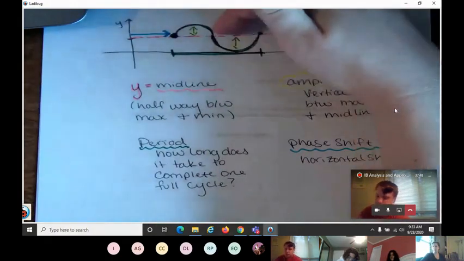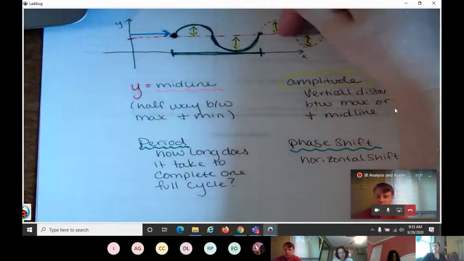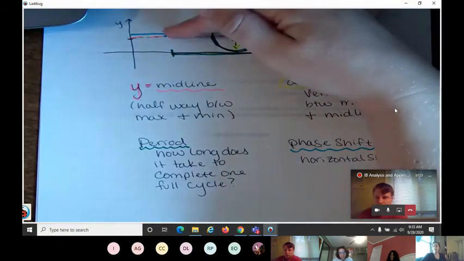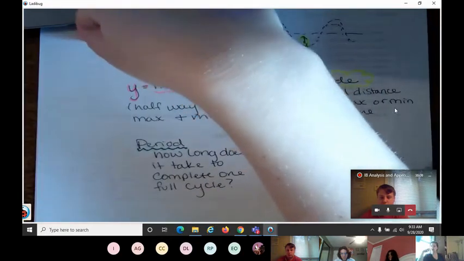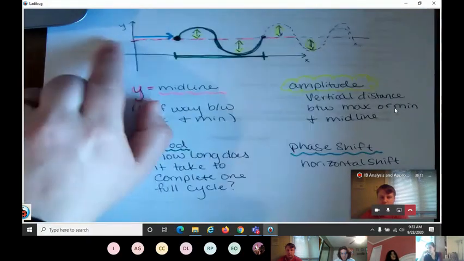Phase shift can be a little bit more complicated because we could say that this function had shifted to any one of these places. It depends on whether you have a sine or a cosine, and if that sine or cosine is positive or negative. So you have to know what function you're working with to know the phase shift. A phase shift can also go in the negative direction, the opposite way.